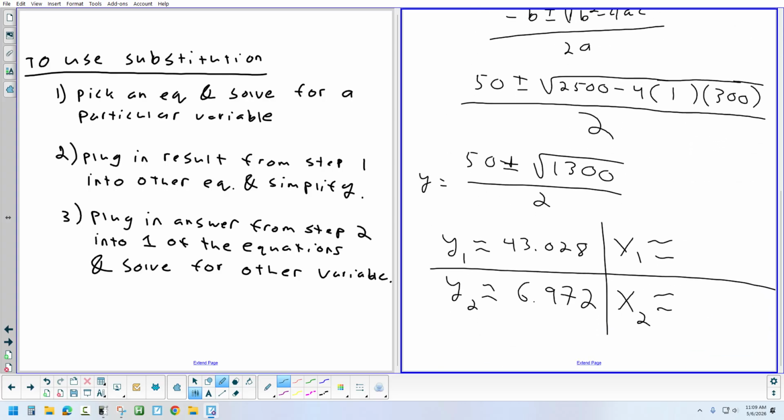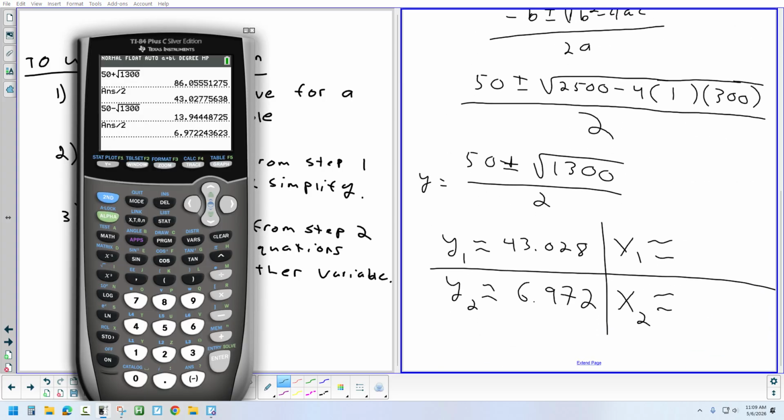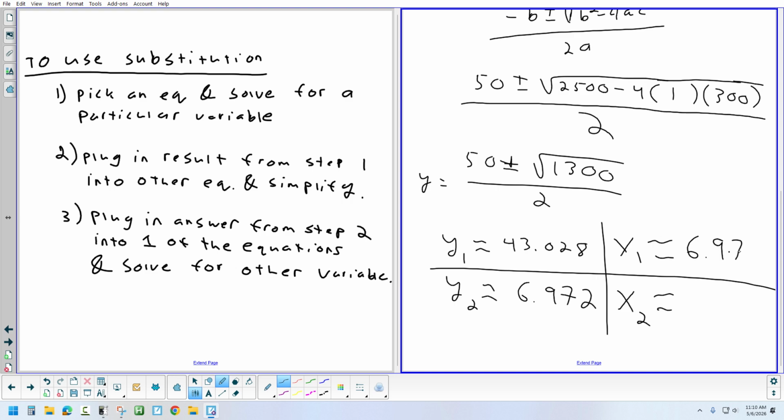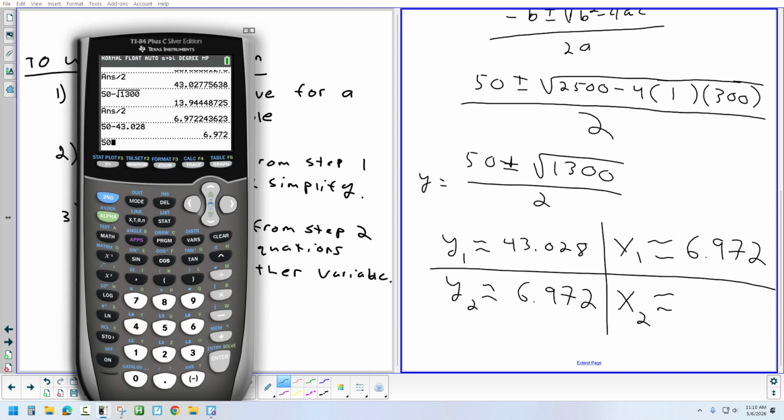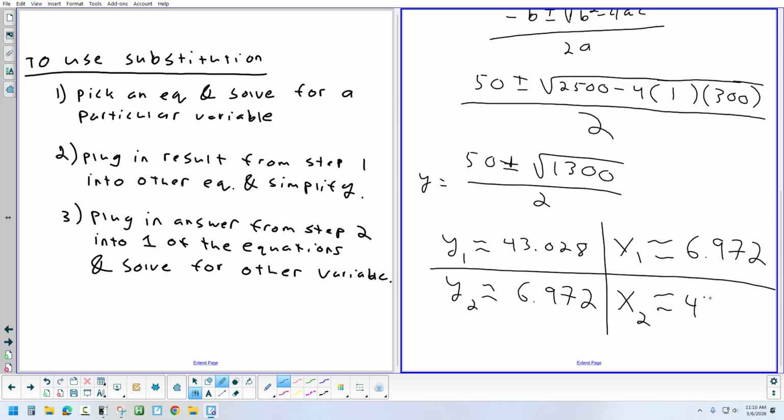So let's take 50 and subtract 43.028. We get 6.972. All right. And now, if we take 50 and subtract 6.972, we get 43.028. So those are our two answers.